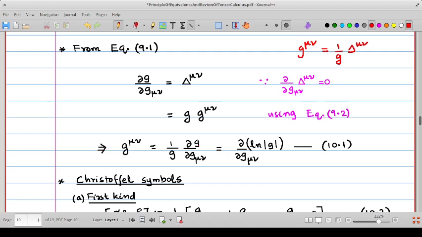Now g is the determinant of the metric tensor, and depending upon the space involved, g could either be positive or negative, and therefore this expression can also be written as 1 by modulus of g times derivative of modulus of g with respect to g_{μν}, and that is equal to d by dg_{μν} of the logarithm of the modulus of g, and that is what we have obtained here.